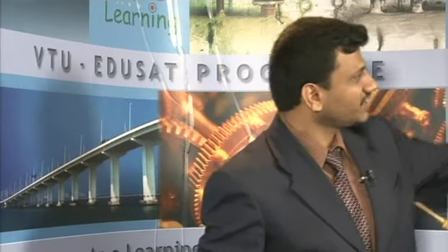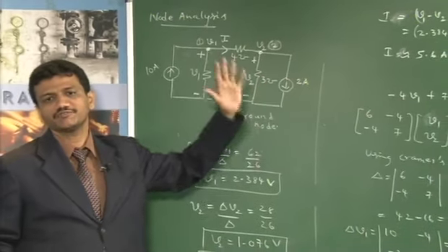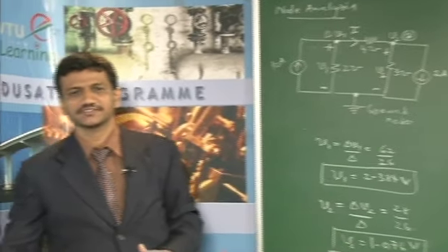Node analysis involves the computation of node voltages, and once these are found, we can find the response at any point of the network, like what we did in this case. I was not known, but with the node voltages known it could be easily found. The same problem I have discussed has been displayed there.